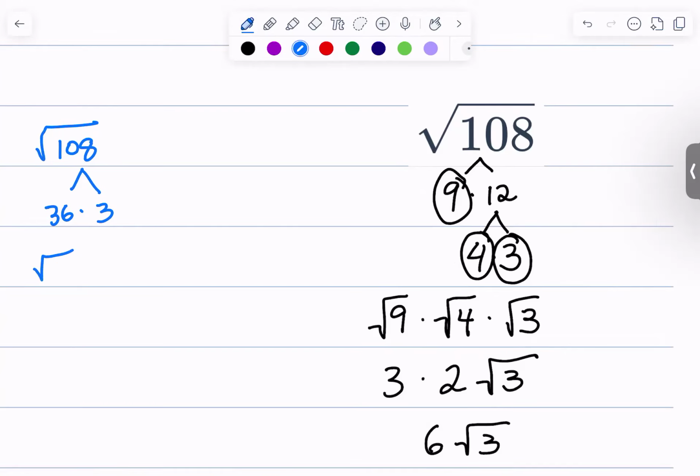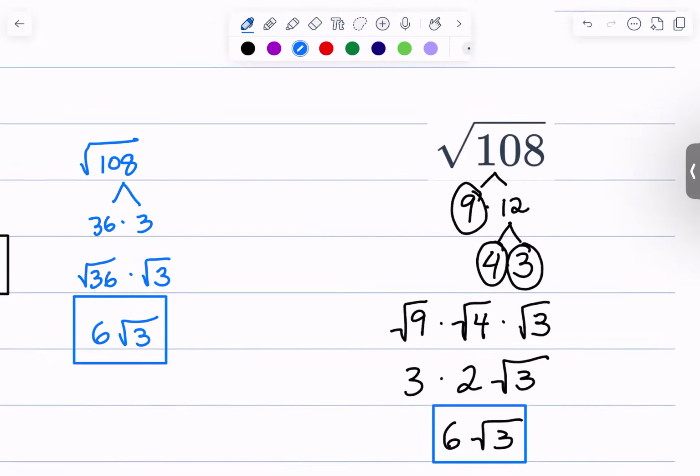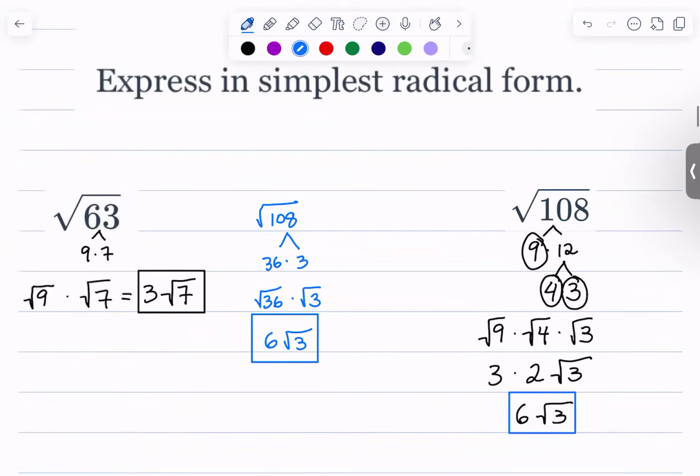So if you go square root of 36 times square root of 3, which would be 6 square root of 3. Doesn't matter how you do it, right? You will come out with the same simplification. Okay? Cool? All right.